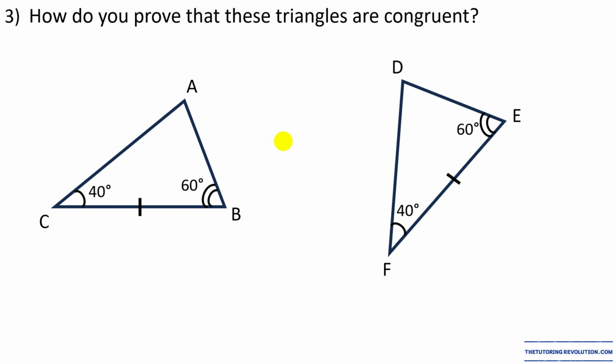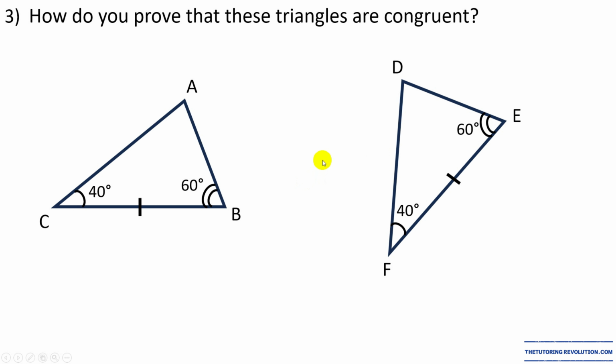Now here we have a couple of triangles and they want us to prove that they are congruent. The question is what postulate we use, same as the other two problems. This time I see two angles in common, 40 degrees, 60 degrees for this triangle, 40 degrees and 60 degrees for the other triangle. And they also have the same side in between the two angles.